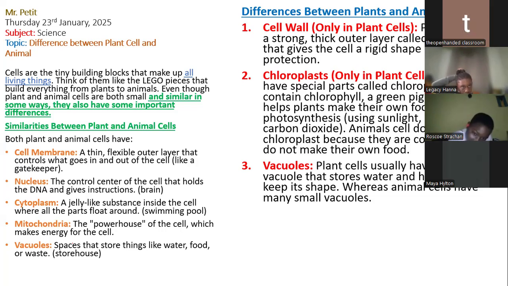Good. And the plant cell usually has one large vacuole that stores water and helps the cell keep its shape, whereas animal cells have many small vacuoles. Very good.